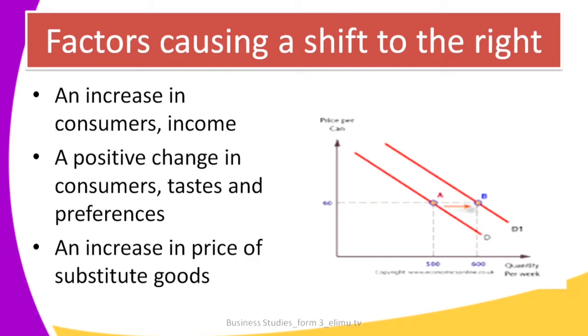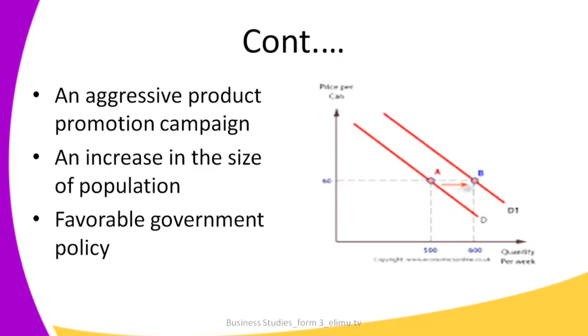Let's continue with factors that would cause a demand curve to shift to the right. The other factor that would make demand increase, or the demand curve shift towards the right, is an aggressive product promotion campaign.